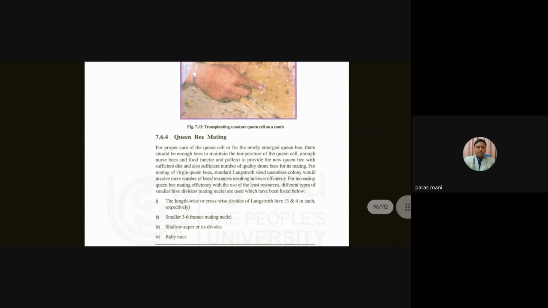Now, queen bee mating. For mating of queen bees, we have raised the queen up to the sealing, it is over. Now we will transfer where it is necessary, but we have to follow certain things for having a very good next generation.